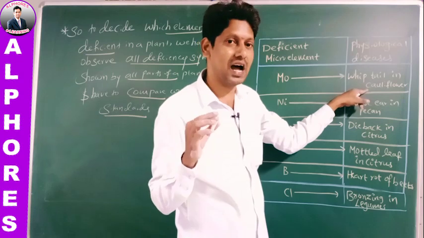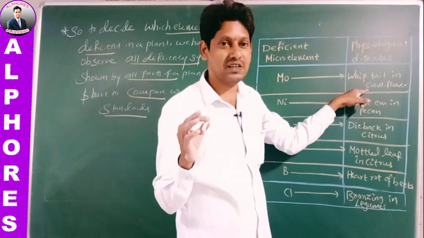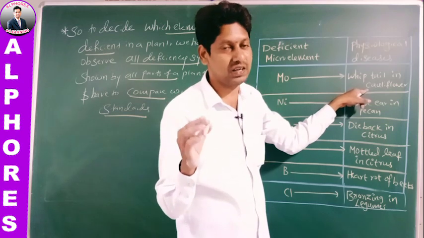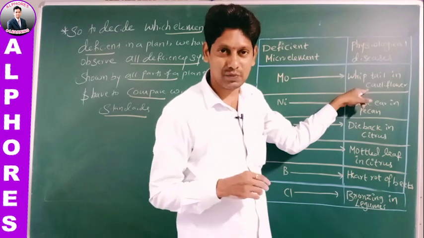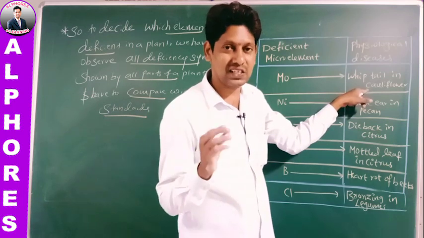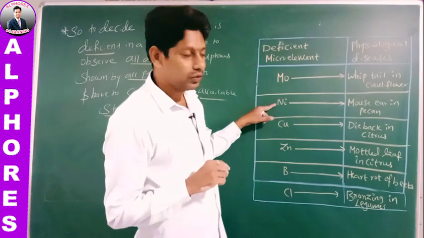Brassica oleracea variety botrytis belongs to the Brassicaceae family, Cruciferae family. Compound corymb inflorescence is present, and the complete inflorescence is edible. Now go for nickel.